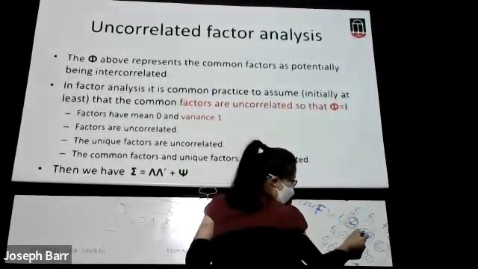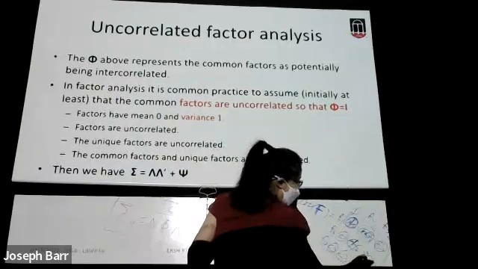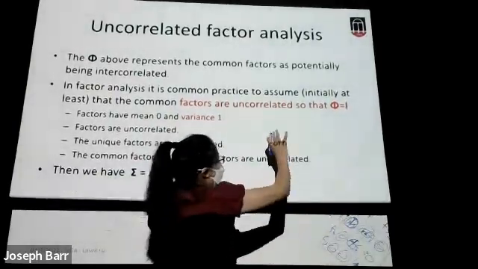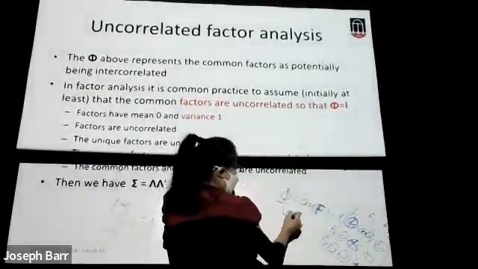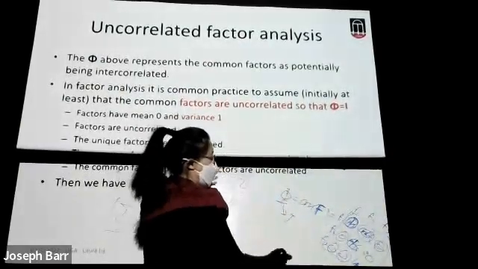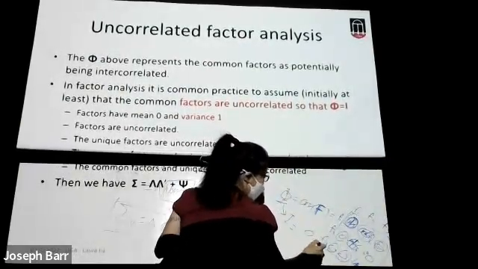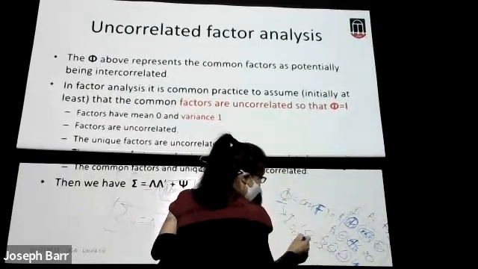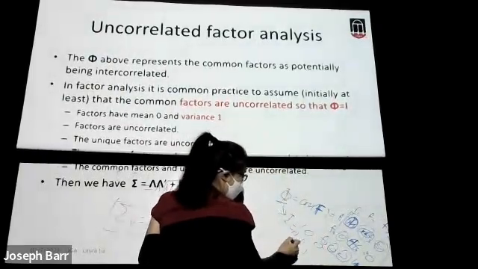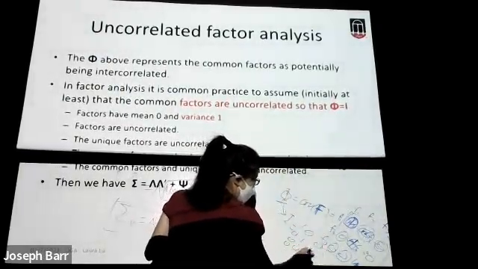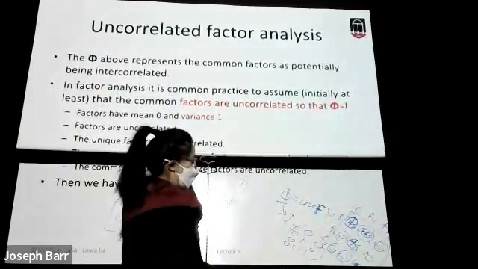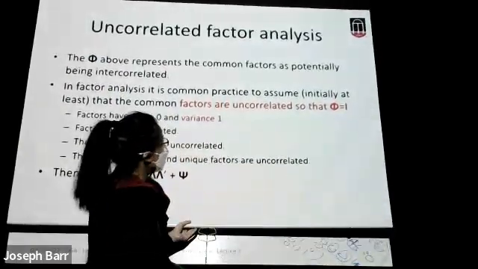So it becomes 1, 1, 1. With these assumptions, the phi is just the identity matrix. All the off-diagonal elements are 0, and the diagonal elements are 1, 1, 1.